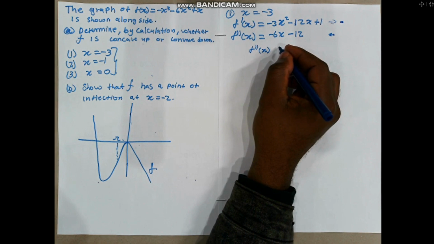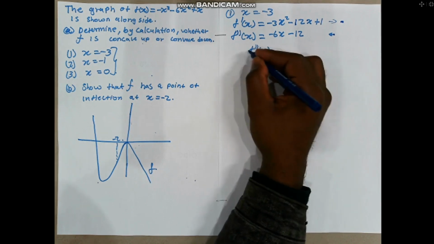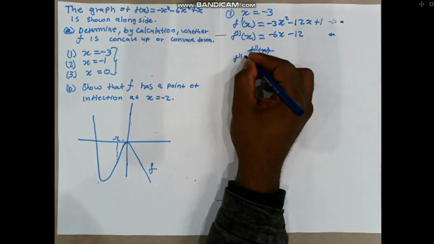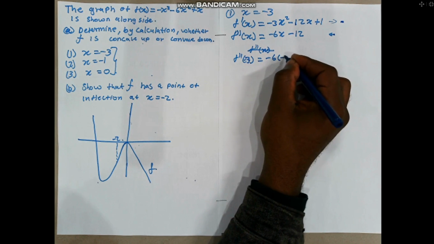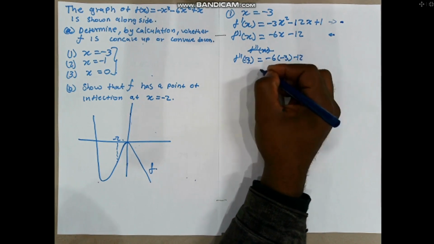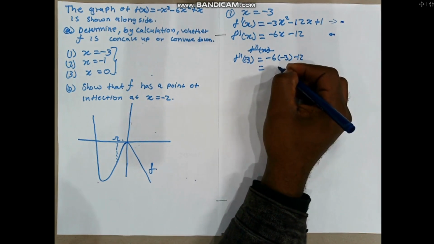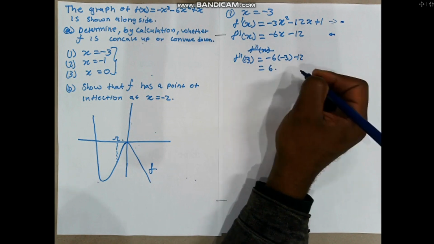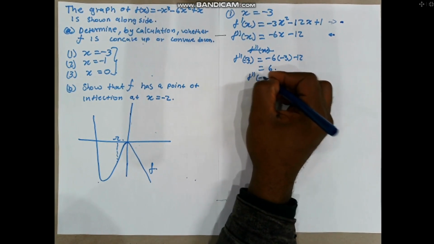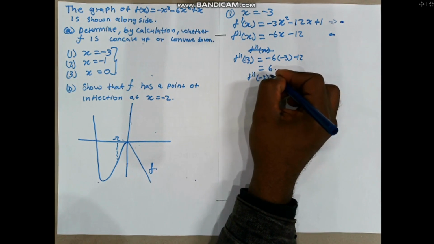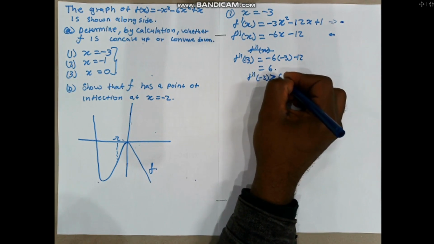Then from here we substitute our x, which is -3, into -6x minus 12. Then our answer here is 6. Now I hope you see that the second derivative at x is equal to -3 is greater than 0.